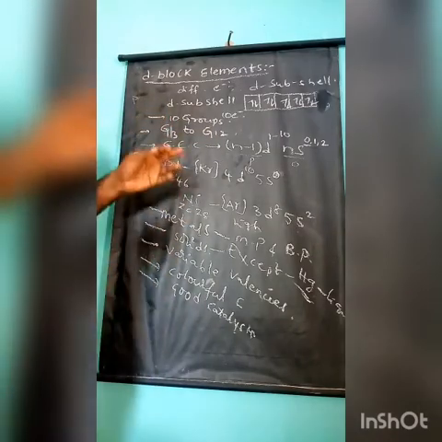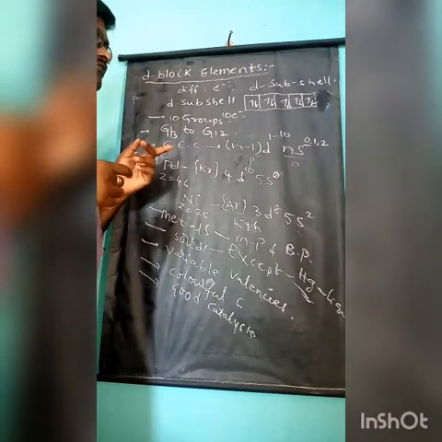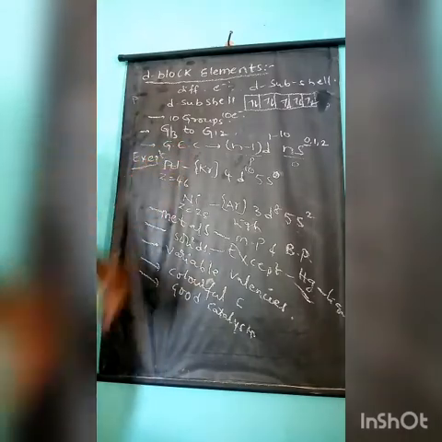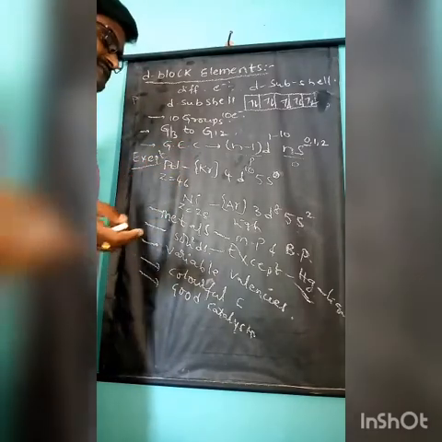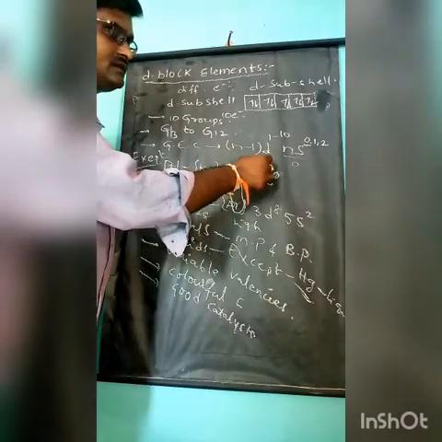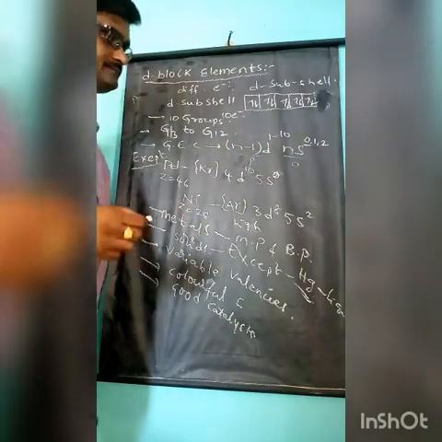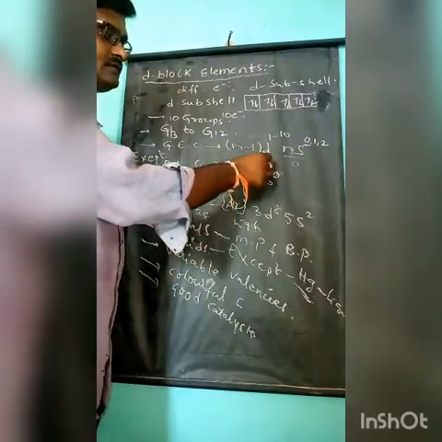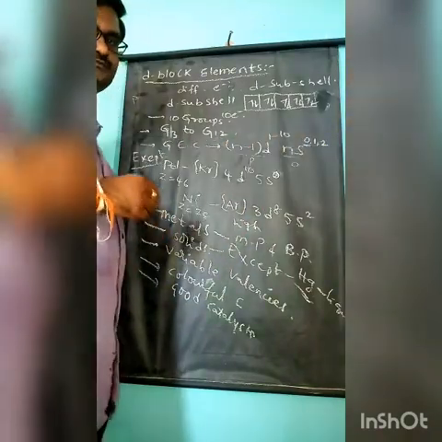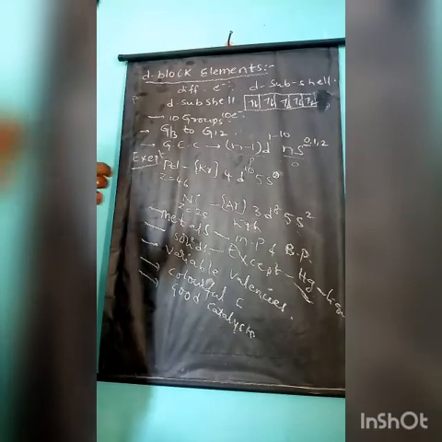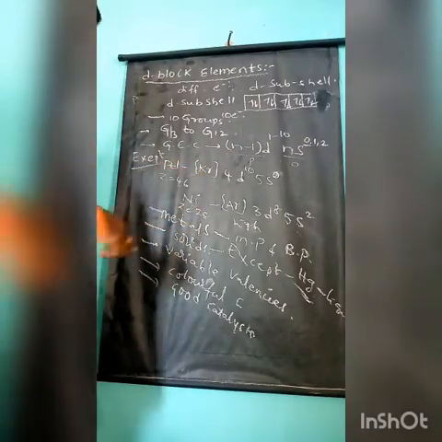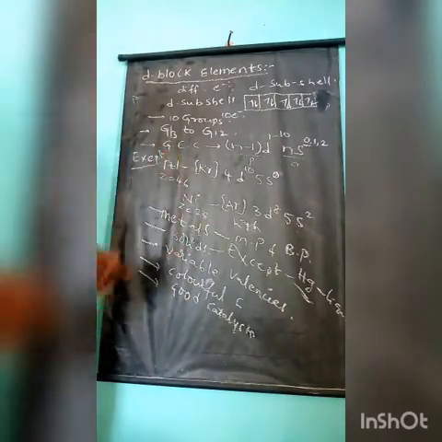Next point, the general electronic configuration of D block elements is (n-1)d1 to 10 ns0,1,2. Write down these two examples also. This is an exceptional case.